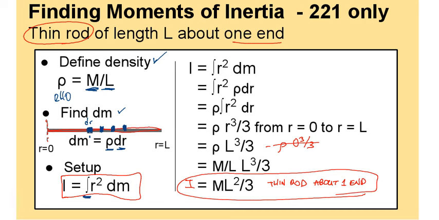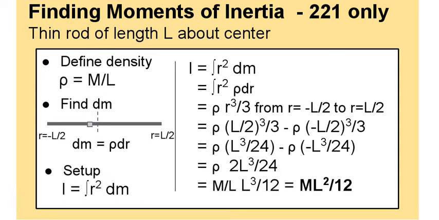Let's look at another one here. If I take the same rod, the same thin rod, it's got the same mass, same length, but this time we want to rotate it about the center. You know, maybe this is a helicopter blade. Instead of a fishing pole where I'm holding on to one end, maybe it's a baton that a cheerleader has or something. She's spinning it about the middle.